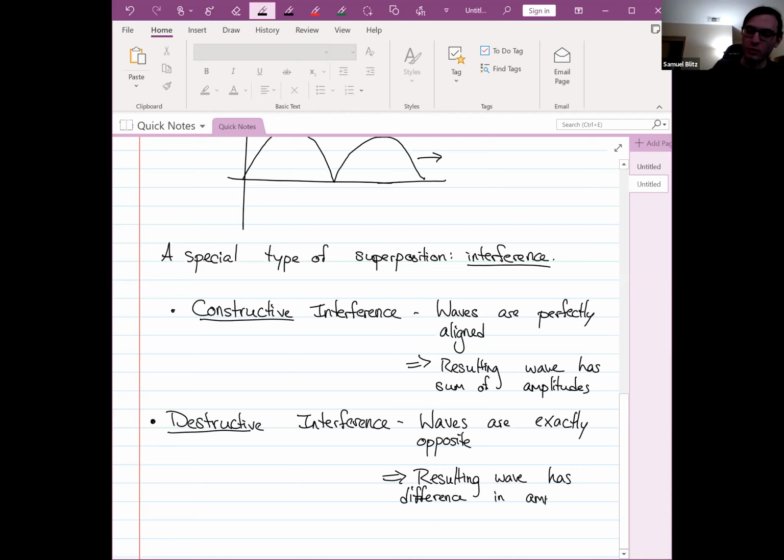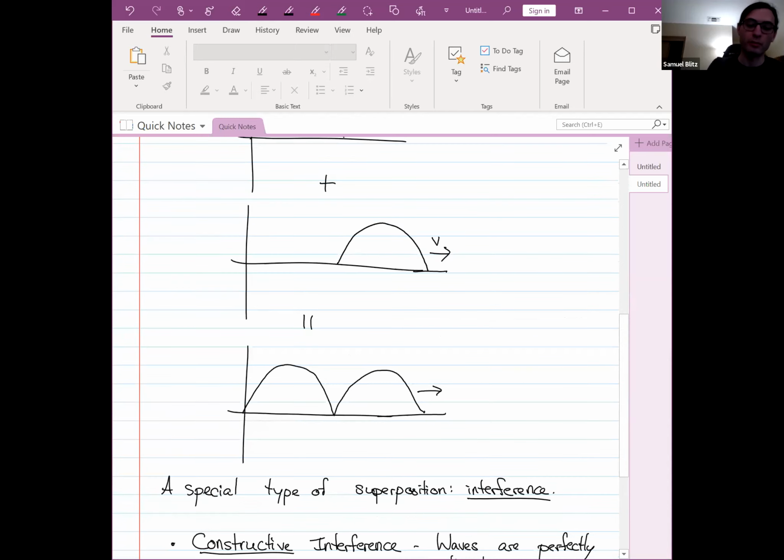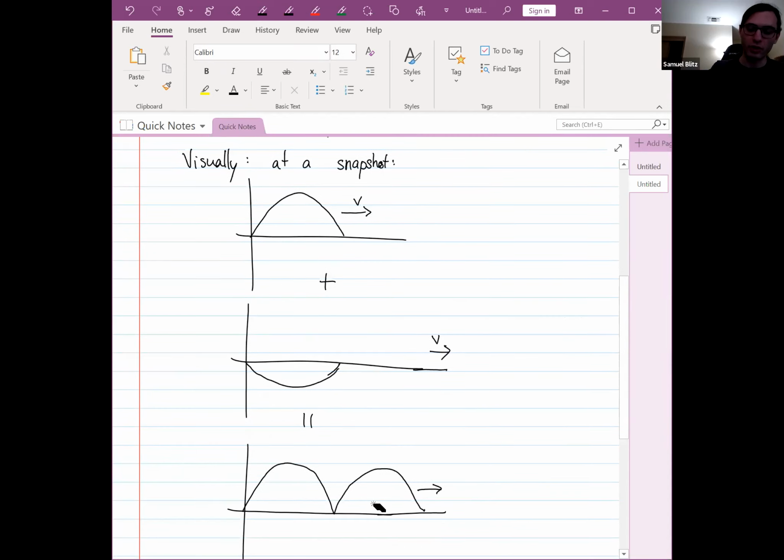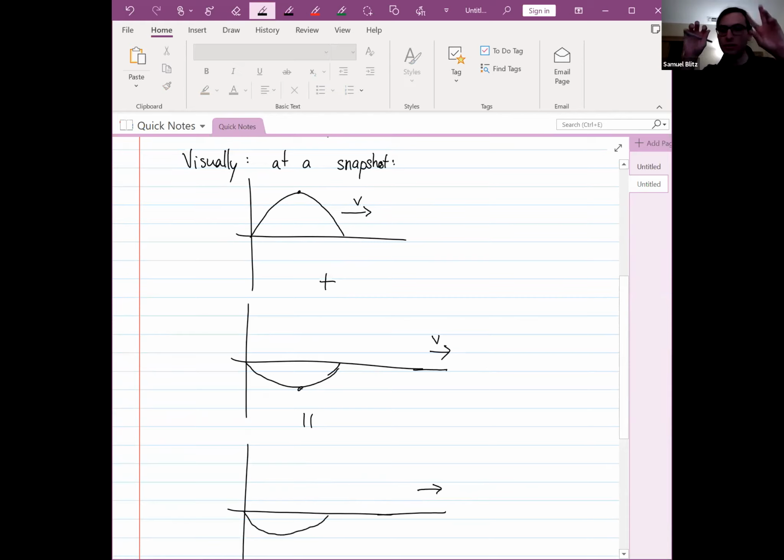So for example, if we had a wave here, then the resulting wave would be a little smaller, because you take this height and then add to it a negative height. Sorry, it shouldn't be that direction, it should be this direction. And so the disturbance is less than the biggest disturbance, and it's bigger than the smallest disturbance. It's the difference.